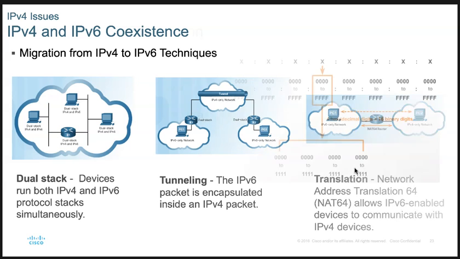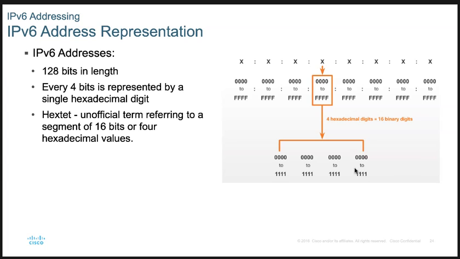Now, let's look at a little more detail on IPv6, and you're going to notice some differences. First of all, unlike IPv4, which is 2 to the power of 32, IPv6 is 2 to the power of 128 bits.